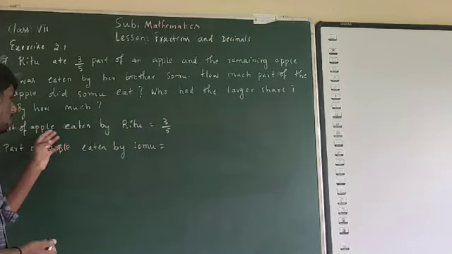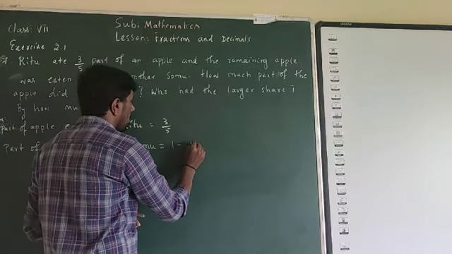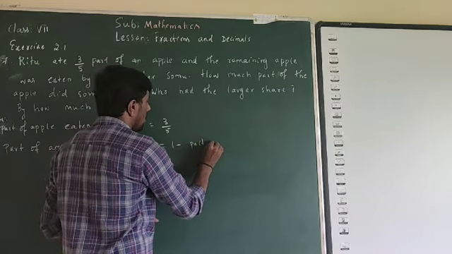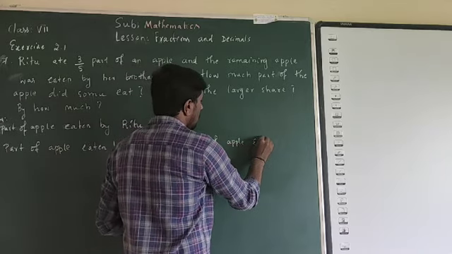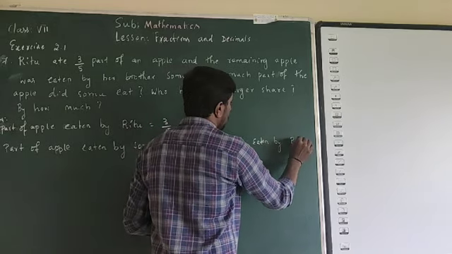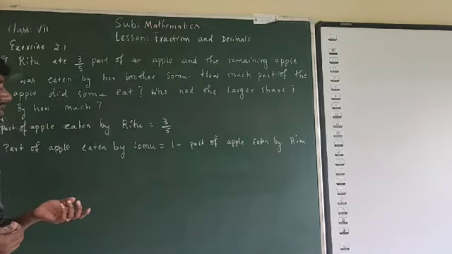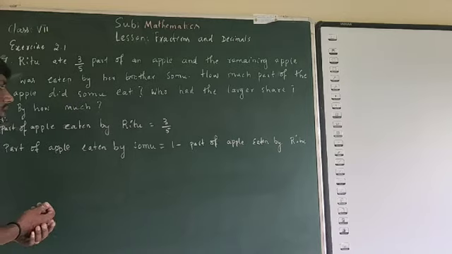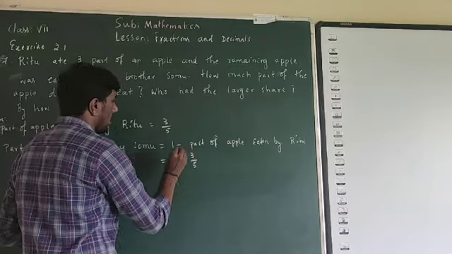So in order to find out Somu's share, we find 1 minus the part of apple eaten by Ritu, because the whole instance must be 1. So 1 minus 3 by 5.